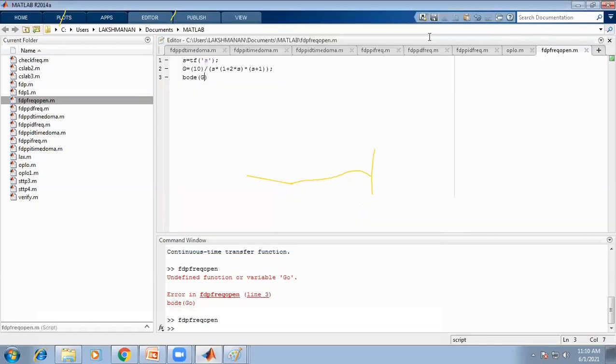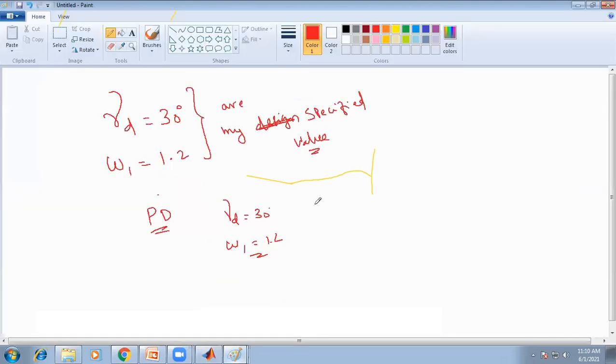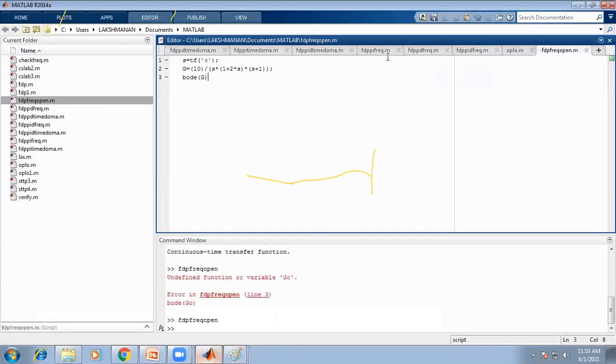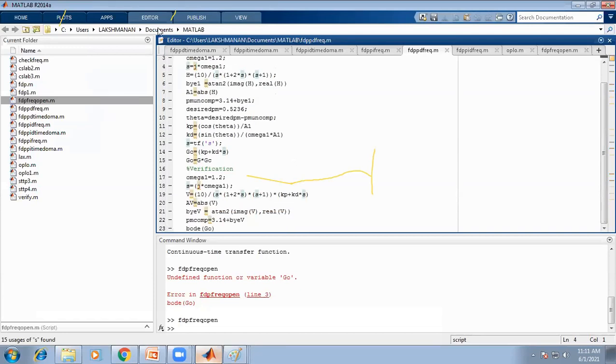We got some values, that is the uncompensated phase margin and omega 1, so we are getting some irrelevant values when checking the open loop. But the required things are 30 degrees and 1.2 radians per second. Let me check. I told it the desired phase margin equal to 30 degrees and the desired omega 1 equal to 1.2. Now I'm going to verify this answer.